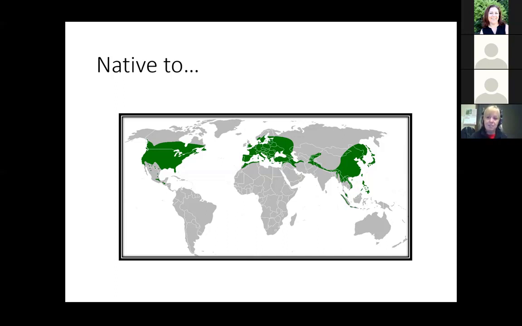However, the latitude in the hemisphere is relatively similar, which is why things like plants native to China will usually do quite well in Nebraska, generally speaking. And so it's not necessarily native strictly to the United States, but it would be considered native if it had a spread like what you see on the screen.